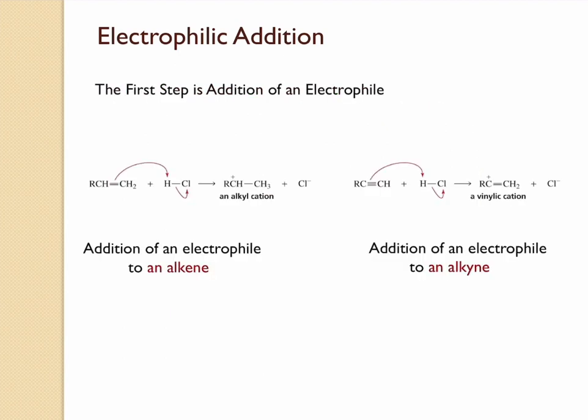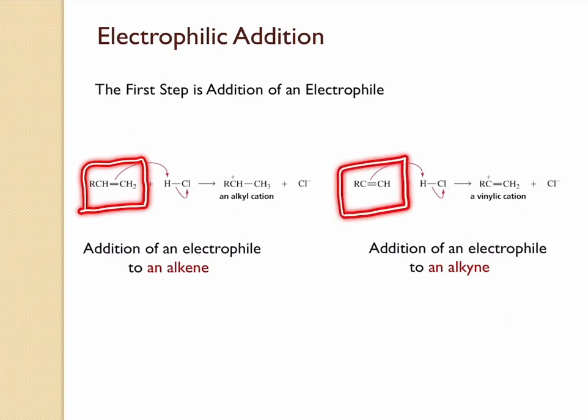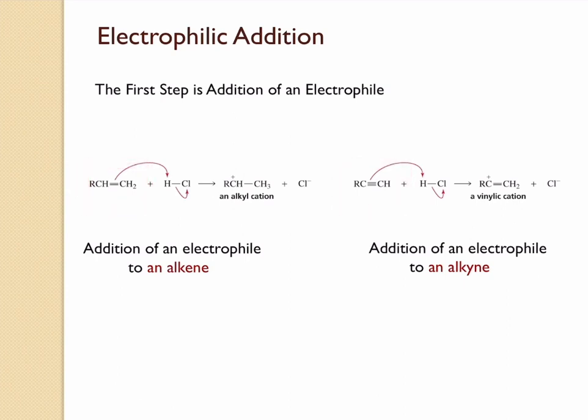Let us compare the two reactions, the electrophilic addition reaction to an alkene and the electrophilic addition reaction to an alkyne. We know that in an electrophilic addition reaction, the first step is going to involve a carbocation intermediate. In the case of alkene, it's going to form an alkyl cation where the electrons from the double bond are going to make a nucleophilic attack on the hydrogen, and the bond between hydrogen and chlorine is going to leave, resulting in the alkyl carbocation.